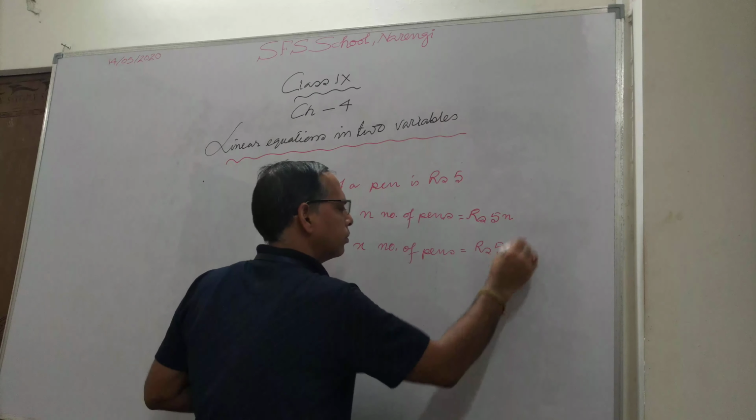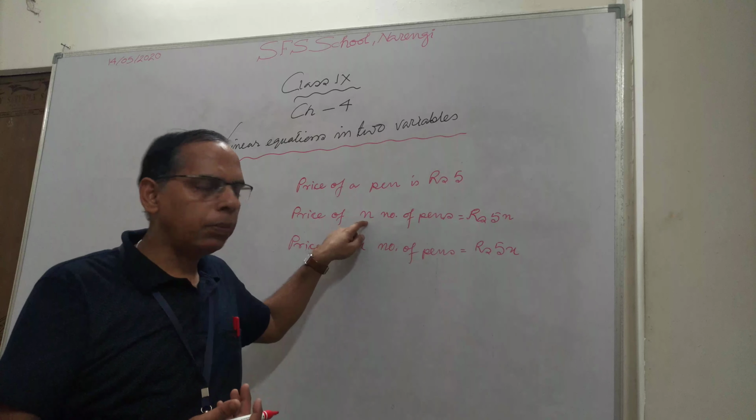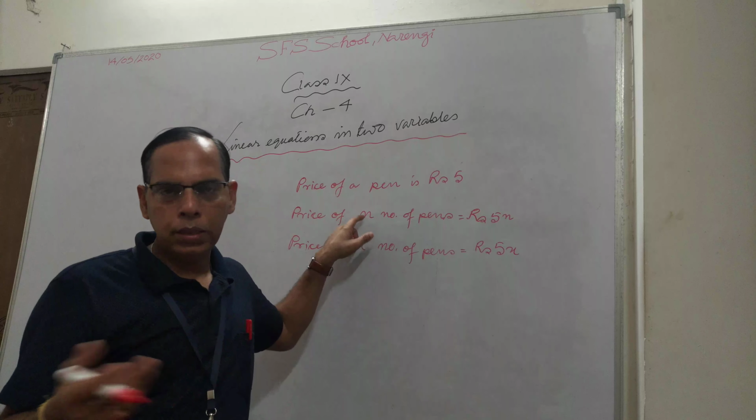Now this n and x stand for what? They are certain numbers, but you don't know the actual numerical value. If I say 10, then it will be 10. If I say 20, that means 20.